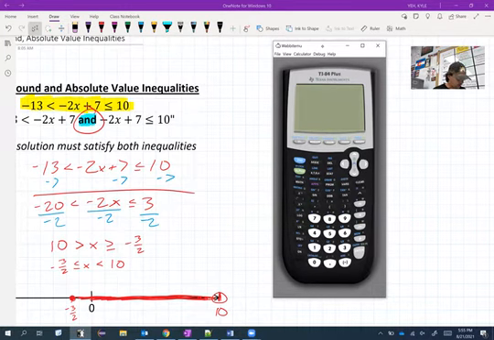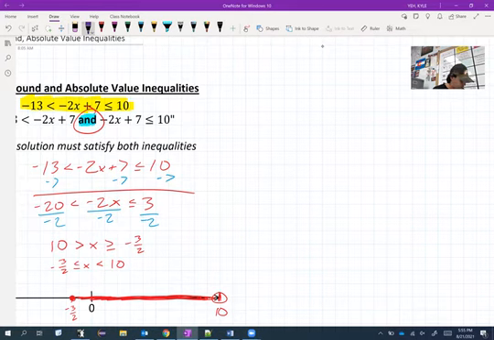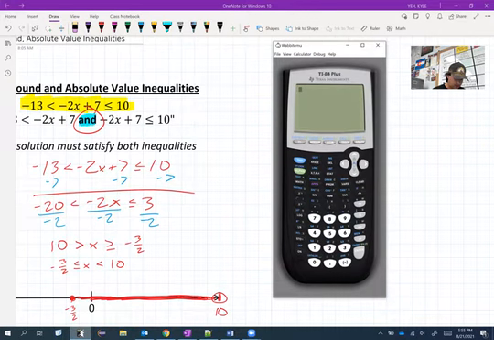So first thing I'm going to do, I'm going to pick a value that should not work over on this side of my number line. Something that's not shaded. And it's always best to try to pick something really close to your limit, really close to that dot. So since -3/2 is -1.5, I might try plugging in -2. I'm going to say -2 store in X.